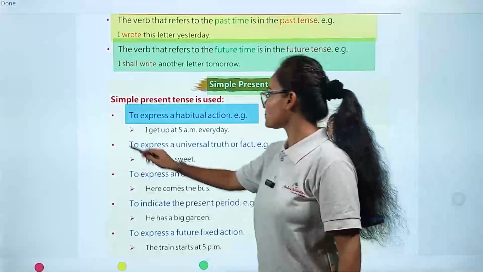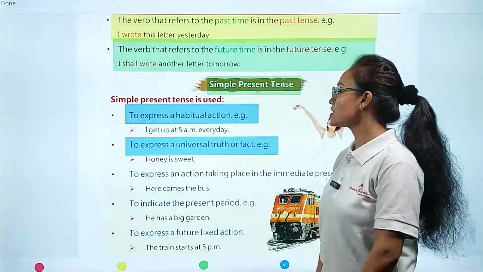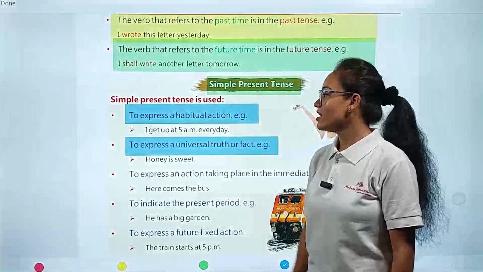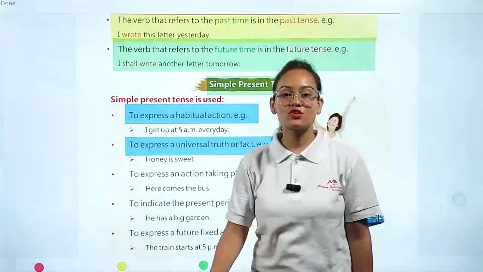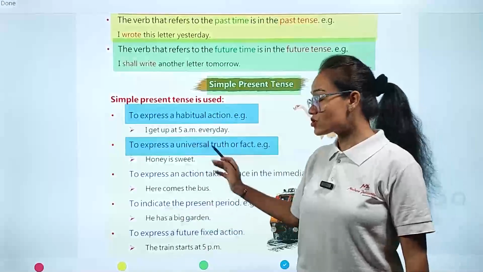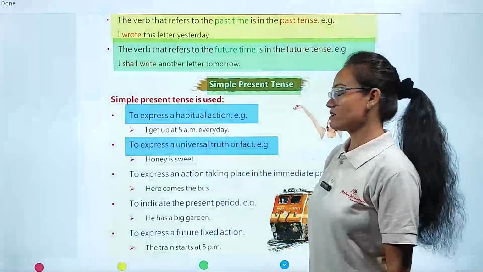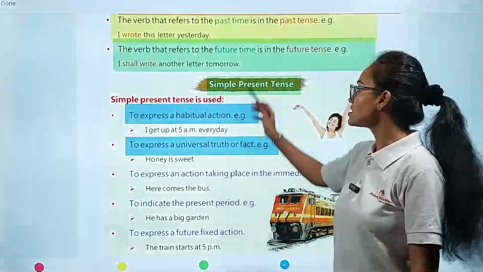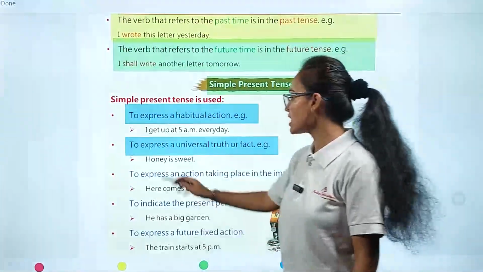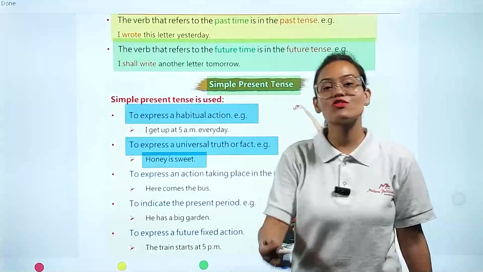The second one, to express a universal truth or fact. Whenever we are talking about a universal truth, it means this truth can't be changed by anyone. So in this case we use simple present tense. Example, you can see, honey is sweet. It is a universal truth.